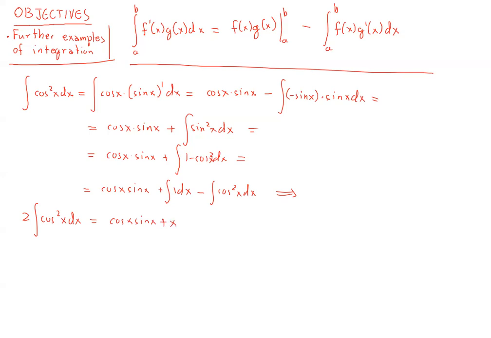Now we have to put a plus c, and then we divide by 2, and that will give us cosine x sine x over 2 plus x over 2. And we don't need to write c over 2, we just write c, because c over 2 is as generic as c. So that's one way to do it.